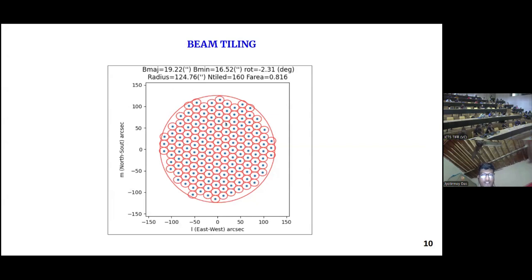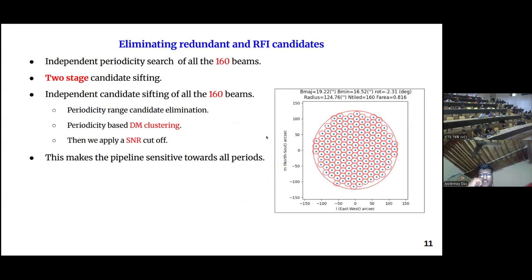First, we search all these beams independently for pulsar candidates, over DM clustering and an SNR cutoff. We implement some constraints that the signal has to be present over this DM space and above the SNR cutoff. Then we shortlist those candidates, for all of the beams independently. This will reduce around 90 to 99% of the candidates.